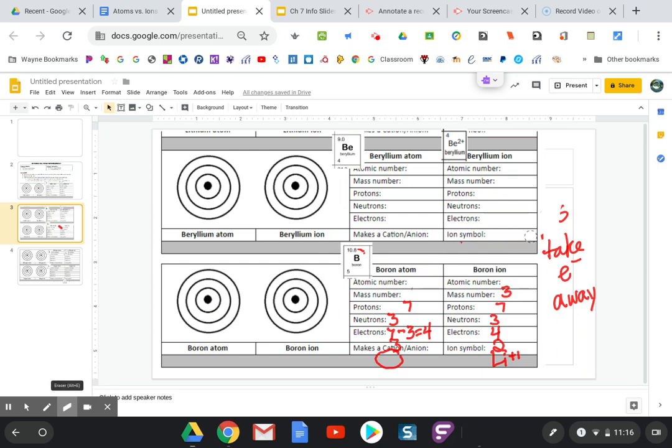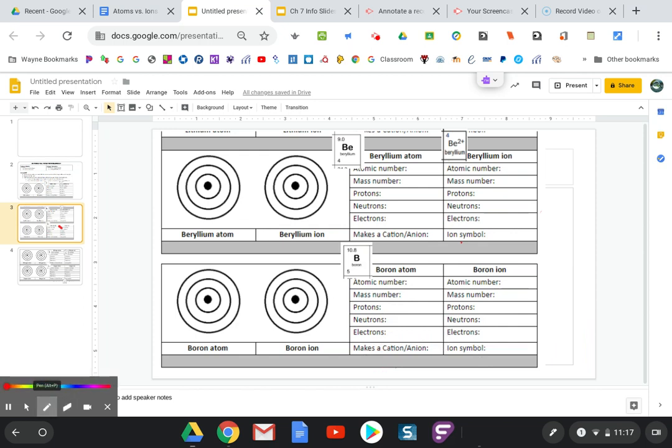All right, so you're going to start with beryllium and its atomic number, which is found right here. So it's a 4.